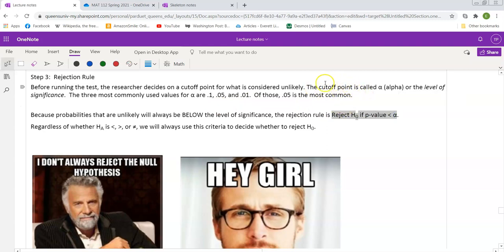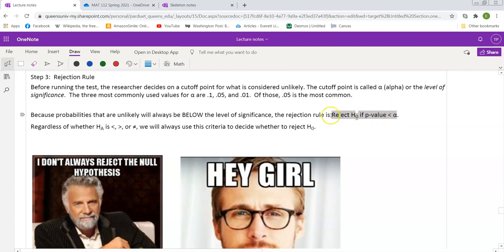This cutoff point that we talked about for what's considered small is called our level of significance, or this lowercase Greek letter alpha that looks like a fish. Okay, but it's actually alpha. And so we're always going to reject H0 if the p-value that we find is less than the alpha given in the problem. If there is no alpha given in the problem, you can assume 0.05.